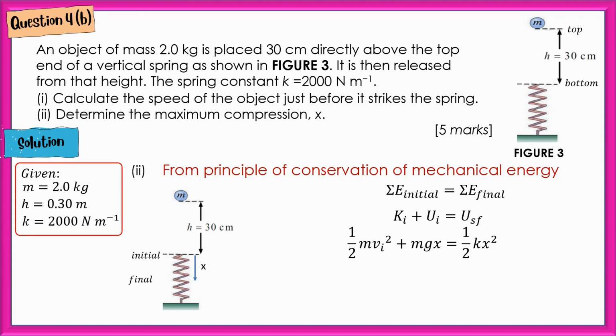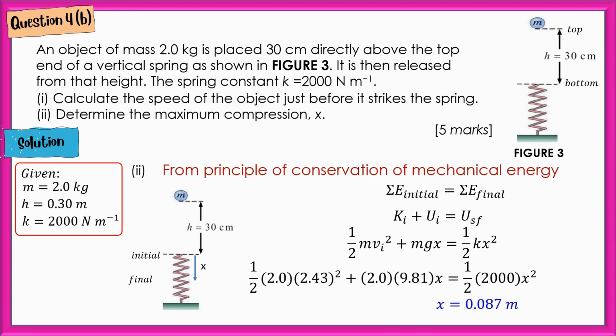And then the potential energy is equal to mgx because the spring will compress a distance of x, and the potential energy of the spring is half kx square. When you substitute the value and do the calculation, you will get that x is equal to 0.087 meter.